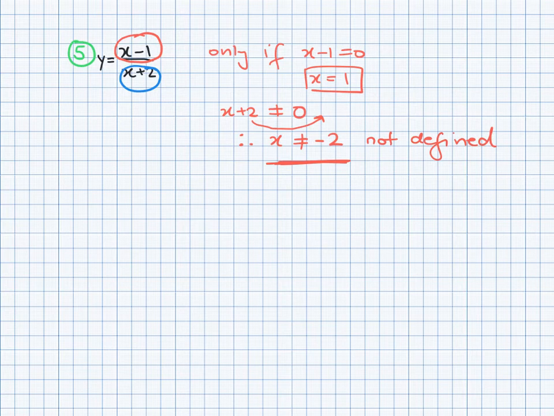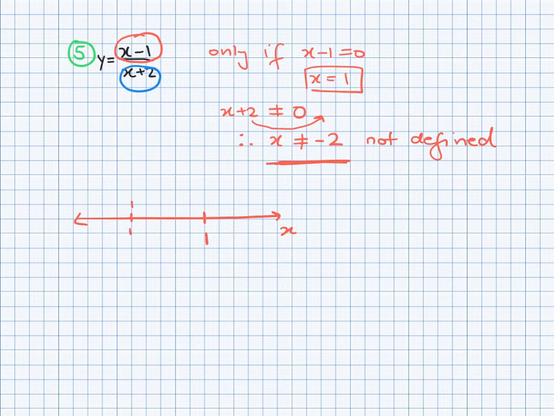So, as I said, you can have a look in part 1. Now, sign diagram. Critical values, x equal to 1, so that's 1, and x can't be equal to negative 2, not defined.